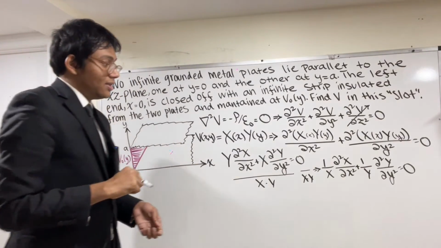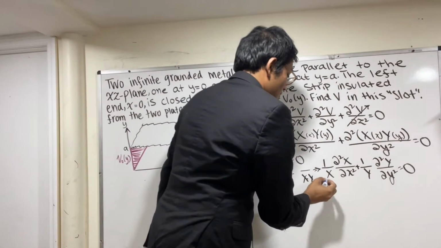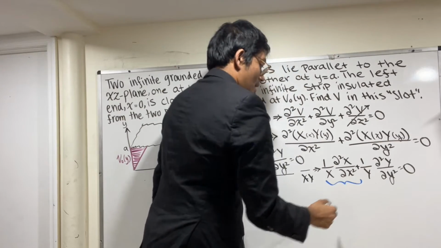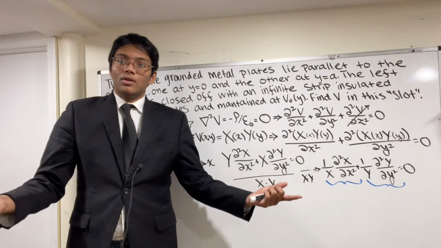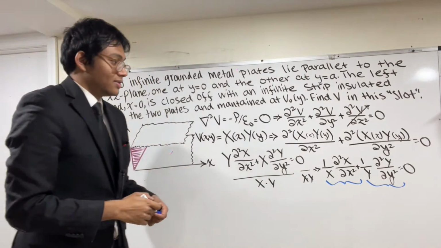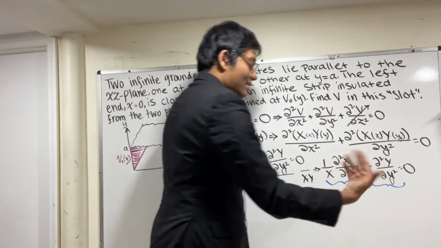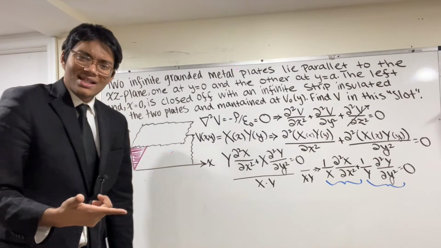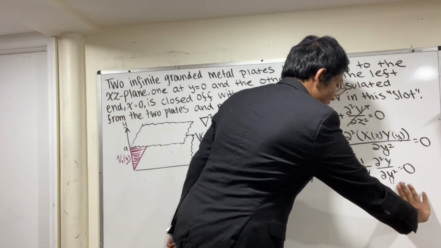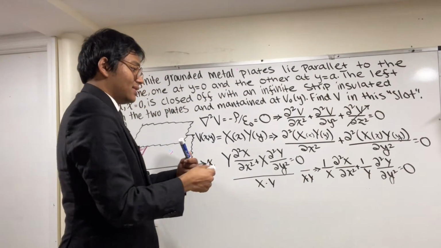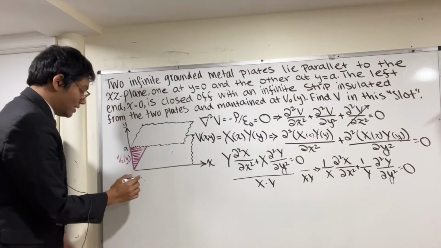Notice that the first term is just a function of x, and the second term is just a function of y. If a function of just x and a function of just y sum to give us 0, what does that mean? Maybe it'll become clearer if I move the function of y to the other side. Let's bring it back here. Hopefully you can still see anything right here.